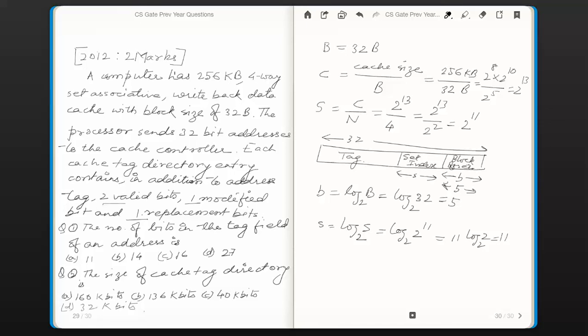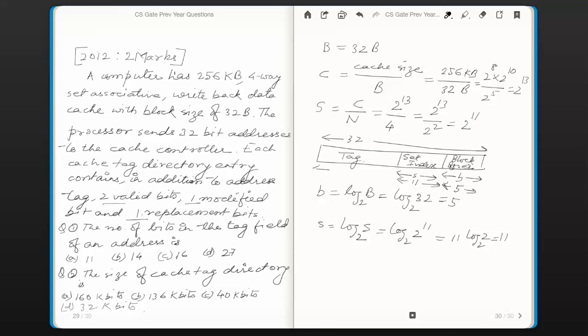So the number of set index bits is 11, and the block offset is 5 bits. The set index is 11 bits, and the remaining bits in the CPU address are tag bits.